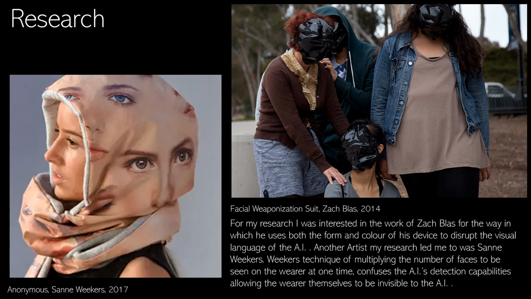I also like the way in which Zach Blass uses his mask to explore this idea of categorization. So looking at the way in which the AI is able to target, say, women, gay people, black people, all these different ways that the AI categorizes individuals using both visual data, but also the way in which it labels certain groups and categorizes them.